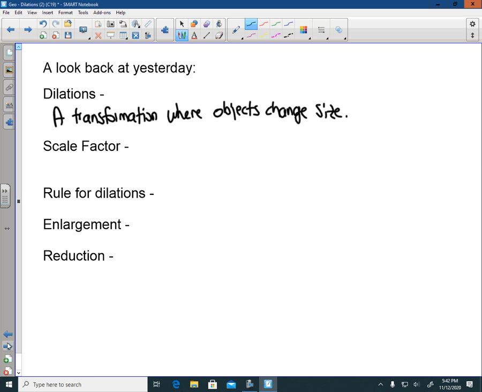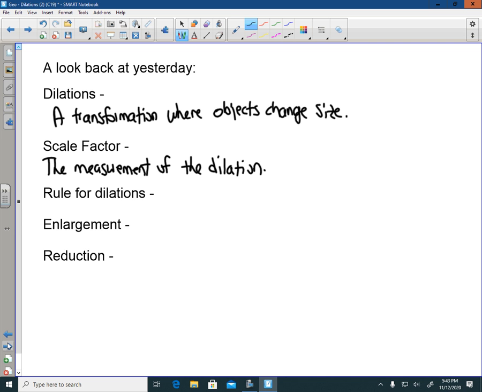This should already be in your notebook, but if it's not, now's a good time to get it in there. A scale factor is the measurement of the dilation, the thing that determines how big or small the dilation is.